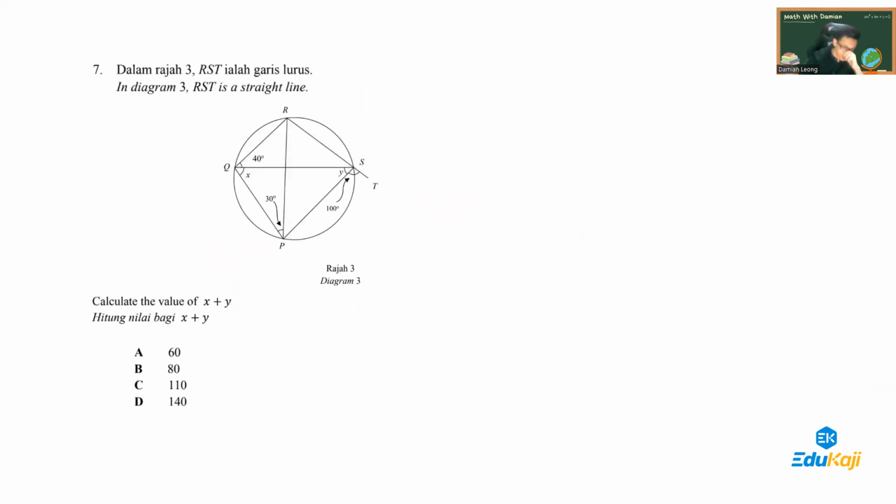Then question 7. Calculate the value of x plus y here. So x plus y. Let's see. This is a circle, and all this RST is a straight line.